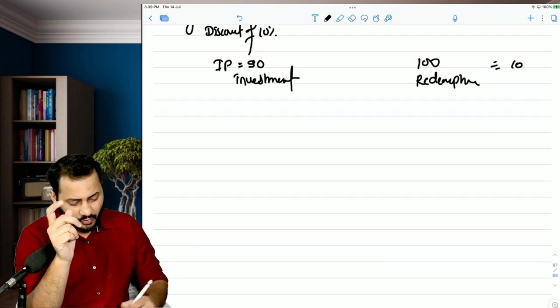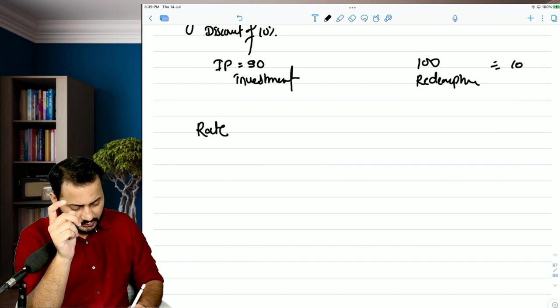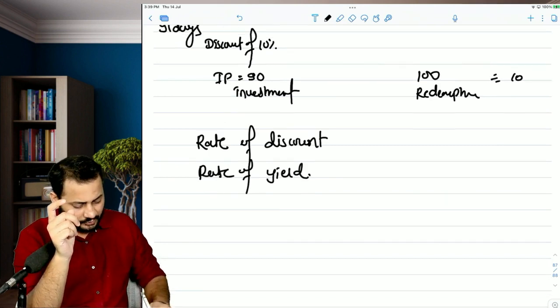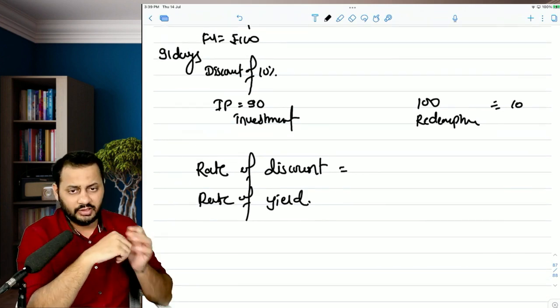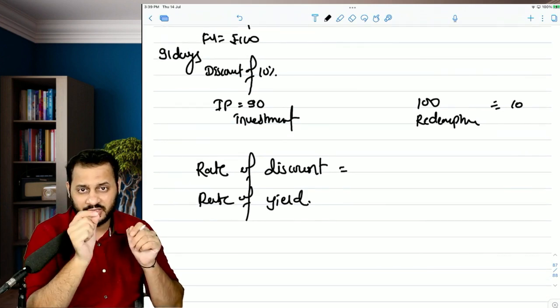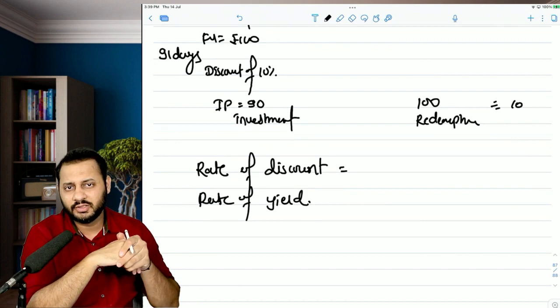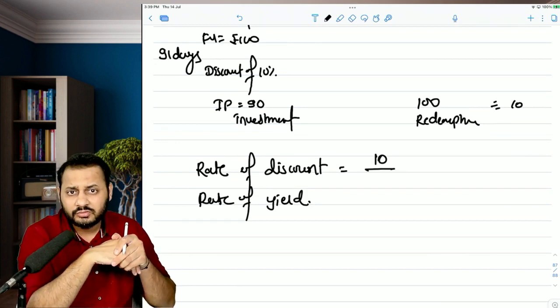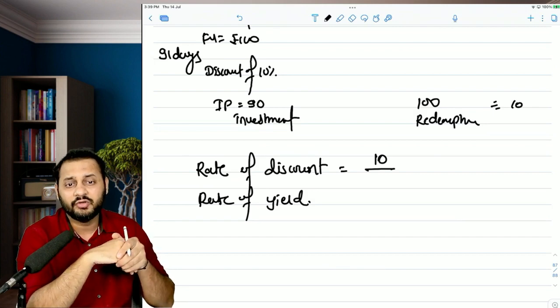Now I will talk about two things: rate of discount and rate of yield. And you can see the amount for both of them is same, 10 rupees. Let's say for example the discount was 10 rupees on which amount?